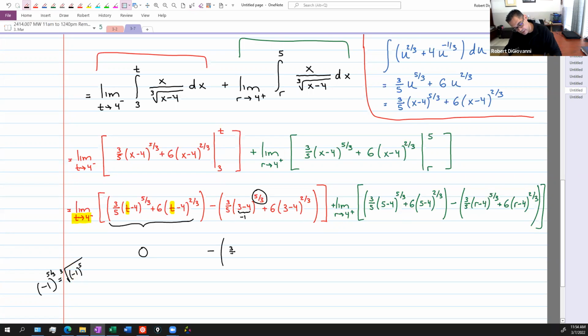So 3/5 times -1 plus 6, and then same principle here. We have -1 to the 2/3, which is the same as -1 squared, then take the cube root. That should just be 1.